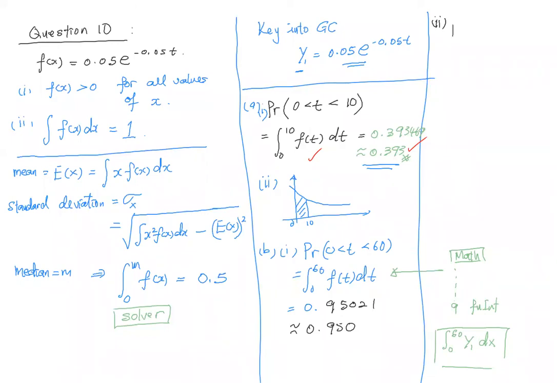So the probability of T more than 60 minutes will be equal to 1 minus 0.950, correct? Which is 0.05. So therefore, the number will be 0.05 times 200.